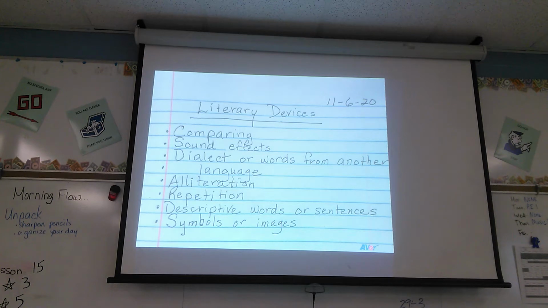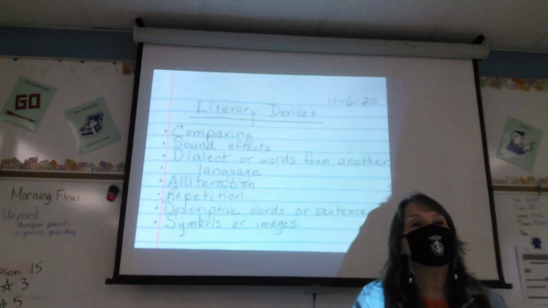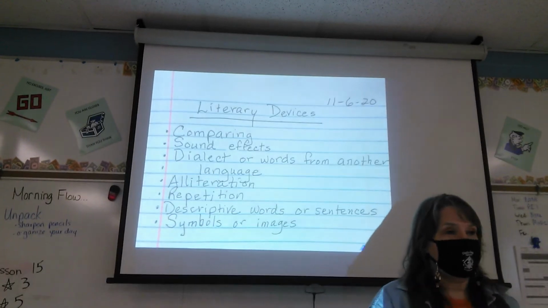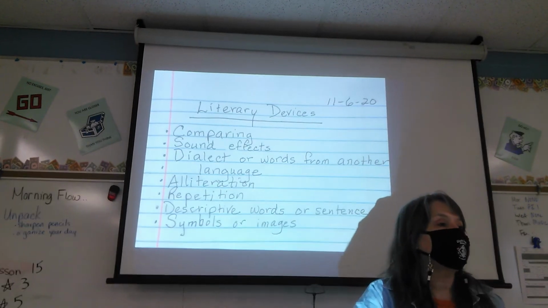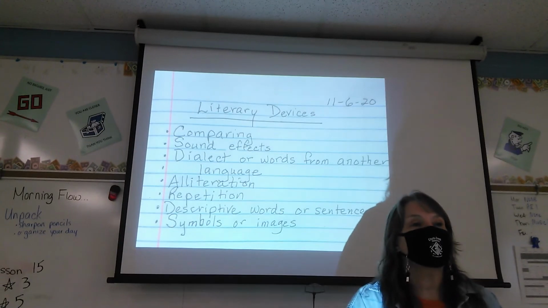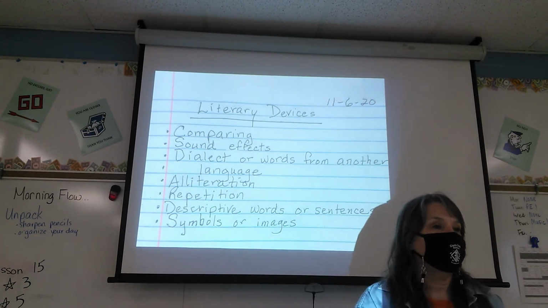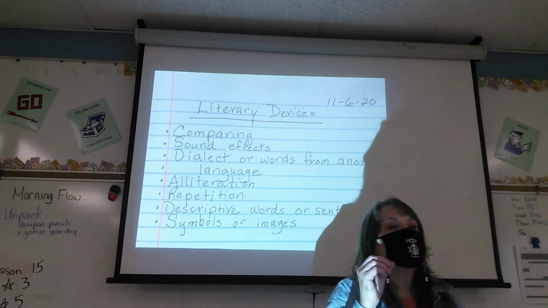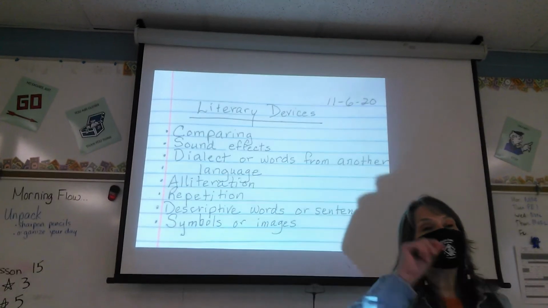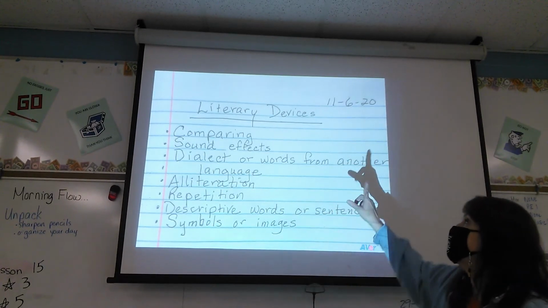Now, if you remember back to our first unit at the beginning of the year, Reading the Weather, Reading the World, we talked about nonfiction author's craft, like quoting an expert, comparing it to something that we know. Now we're going to talk about fiction author's craft, or literary devices.